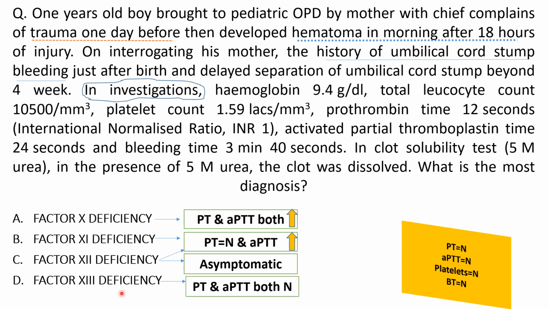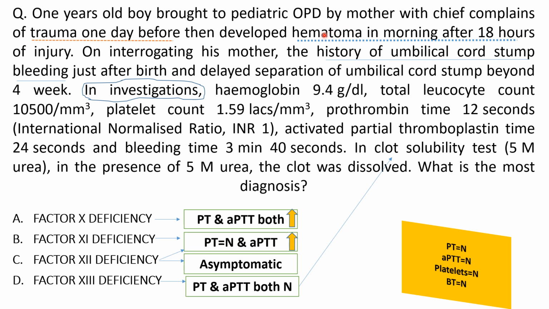Now in factor 13 deficiency, PT and APTT both will be normal, as in our case. PT and APTT both are normal, and the clot solubility test is positive. So all these three options are ruled out according to the reports and the history part, because in the deficiency of factor 10 and 11, the child will have bleeding manifestation immediately after the injury.